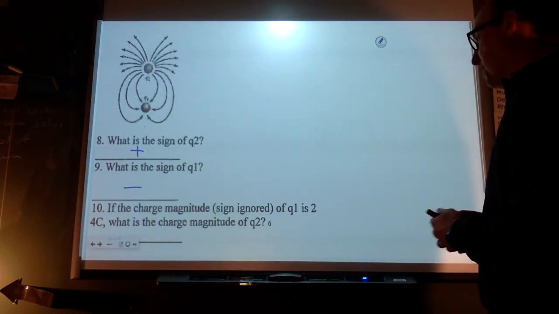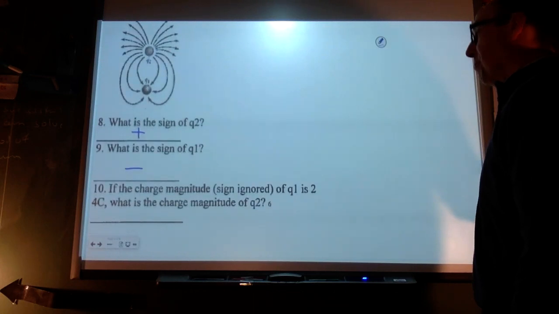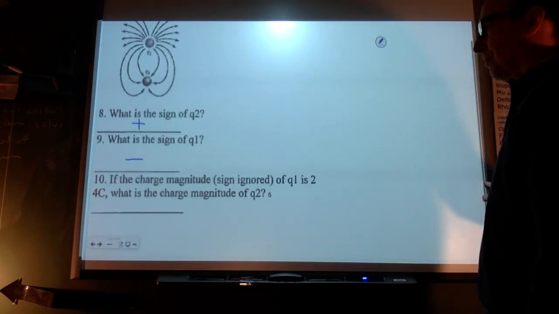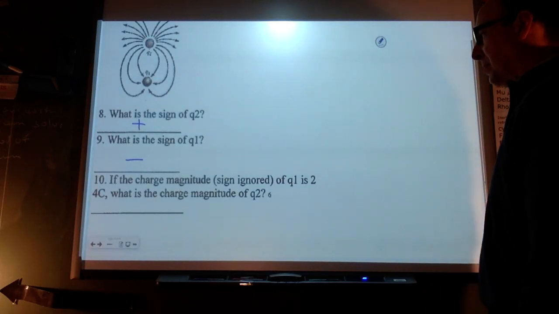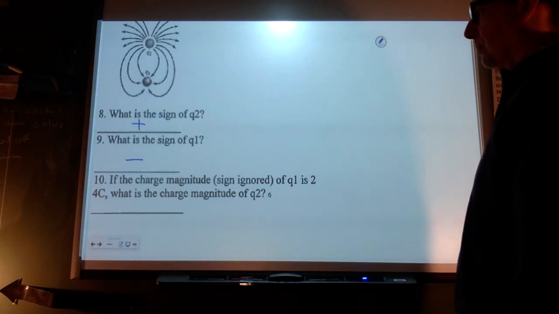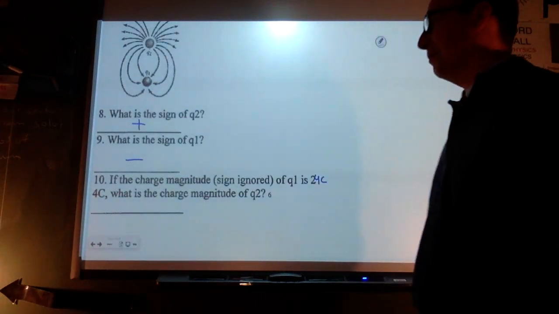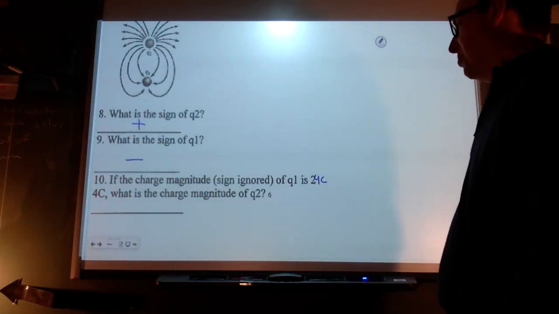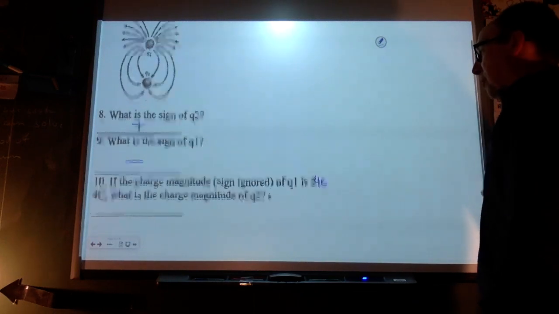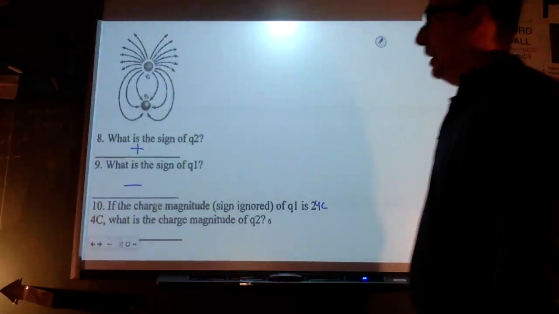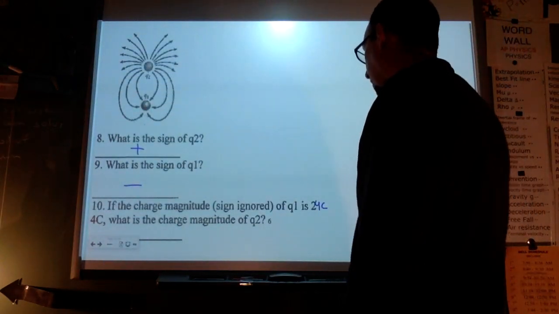All right, so if the charge magnitude, sign ignored, of Q1 is maybe 24 coulombs, I'm guessing that it is. It got cut off. What is the charge magnitude of Q2? All right, so we have to see how many field lines are going away from Q1.